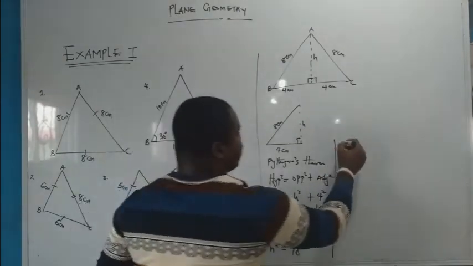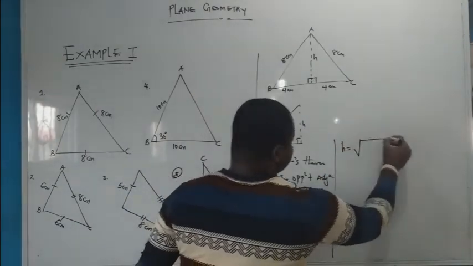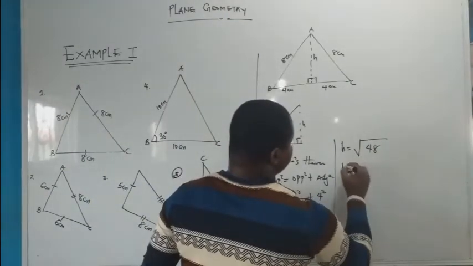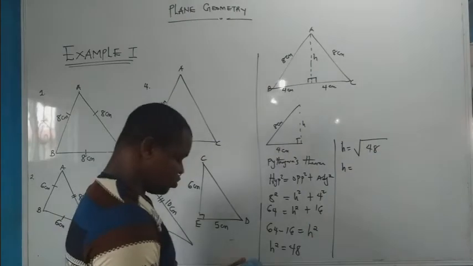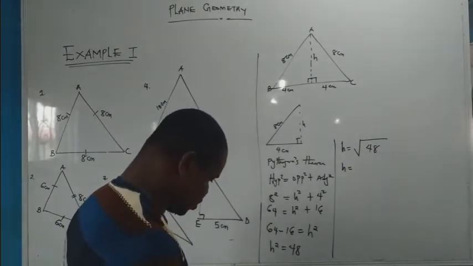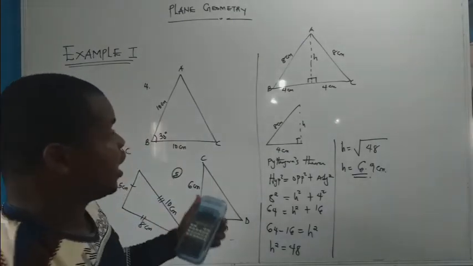All right, so we square root both sides, and h is equal to the square root of 48. All right, we've got the height.